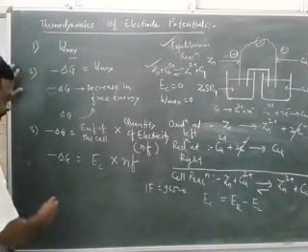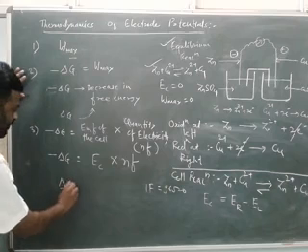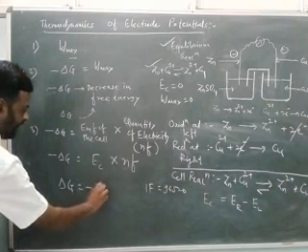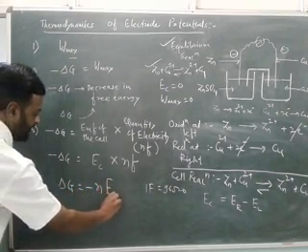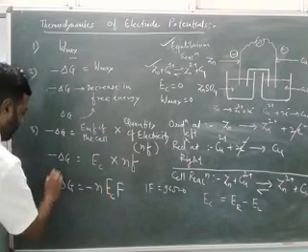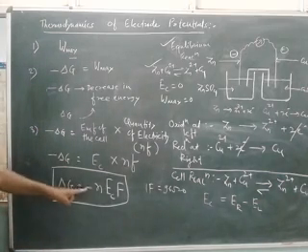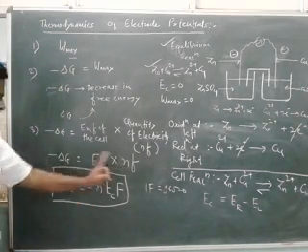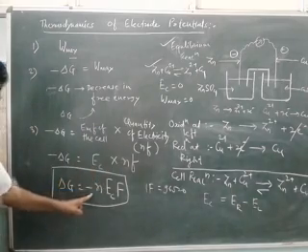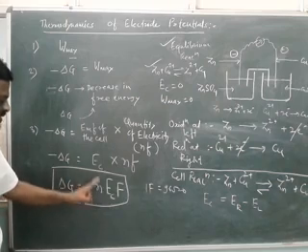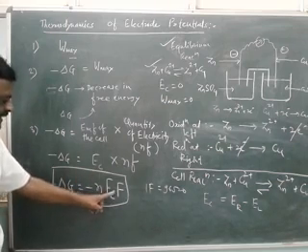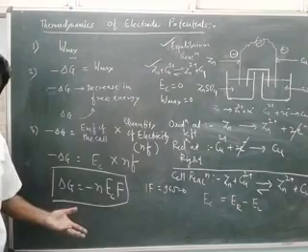So delta G is equal to minus n Ec into F. So this is the final equation. Free energy is given by the equation minus n, negative sign we can transfer on the right hand side. n number of electrons, Ec EMF of the complete cell, and F that is Faraday.